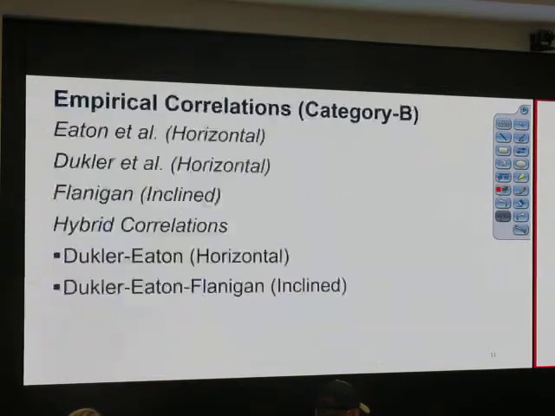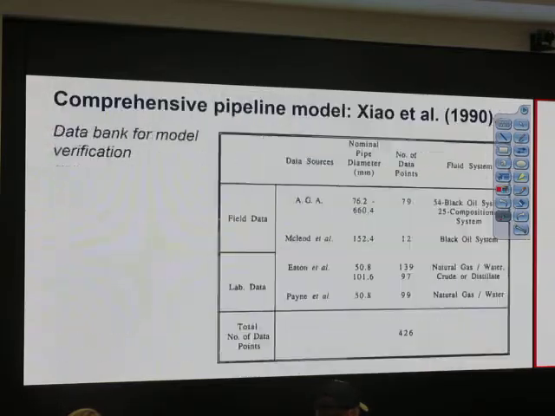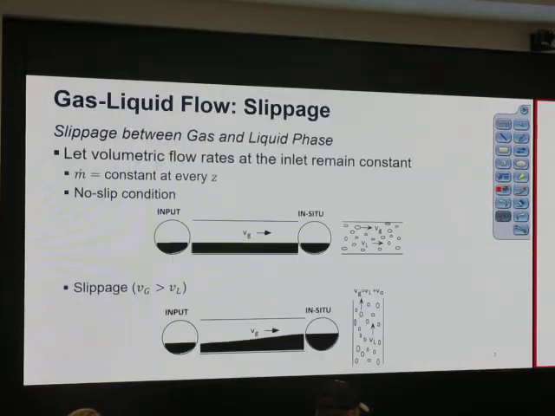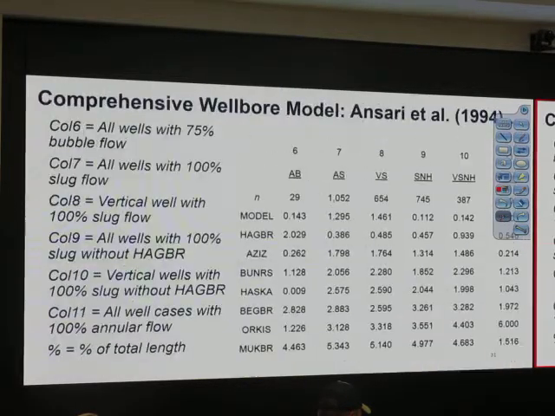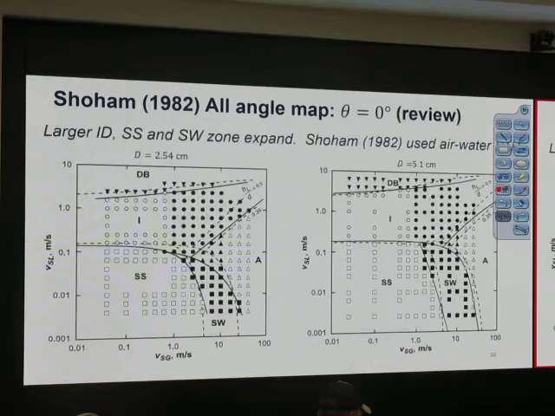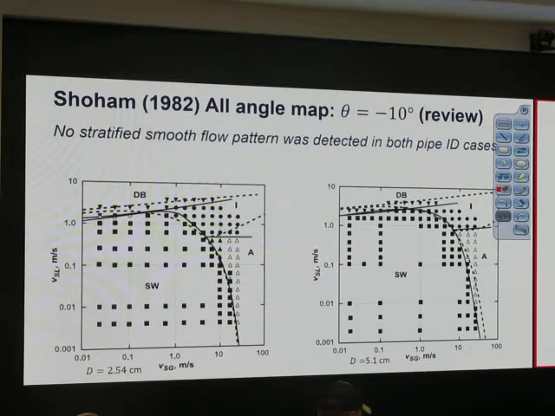What we are talking about over here, in this case, the dot that you see here is the model prediction, right? The dot that you see here is the flow pattern prediction. The case that we're talking about here is how do we predict the flow pattern?